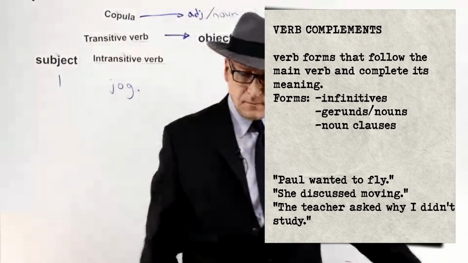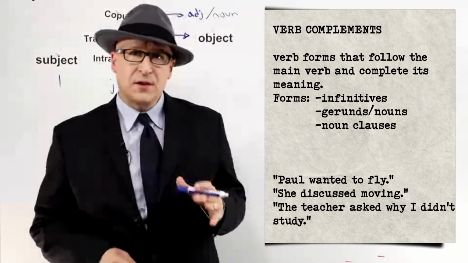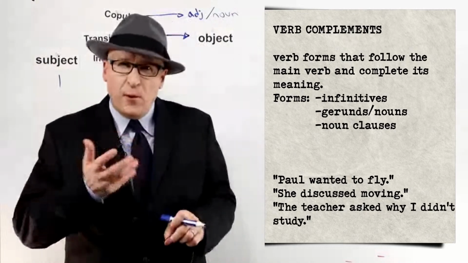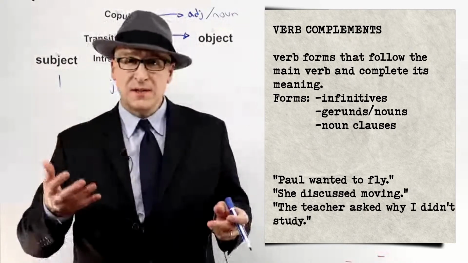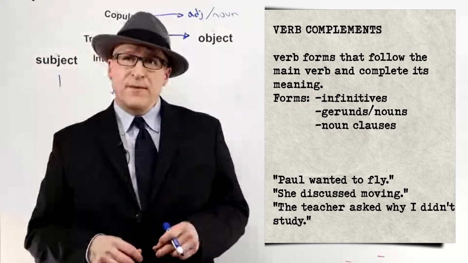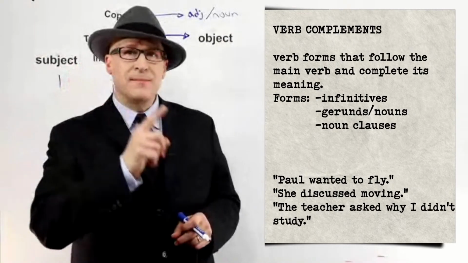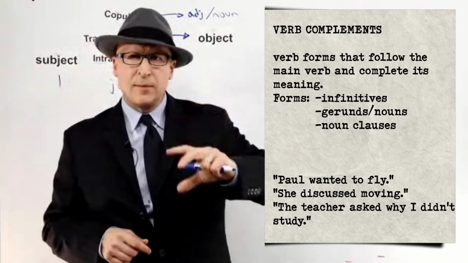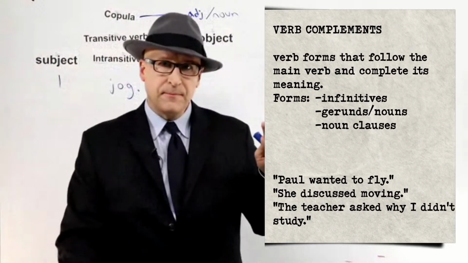Okay. What is a verb complement? This is also something that comes after the verb. Okay, these are verb forms. And by forms, I mean there's different ways to express a verb. Verb forms that follow the main verb and complete its meaning. So this again is the idea of a complement. A complement finishes or completes the meaning.